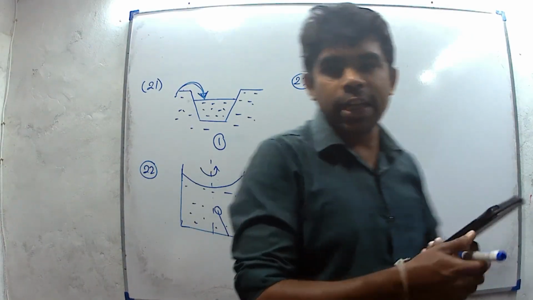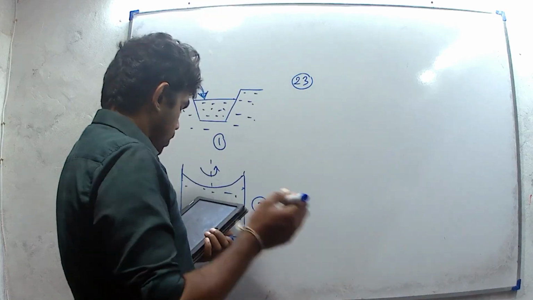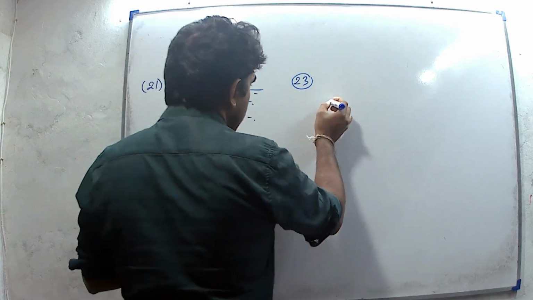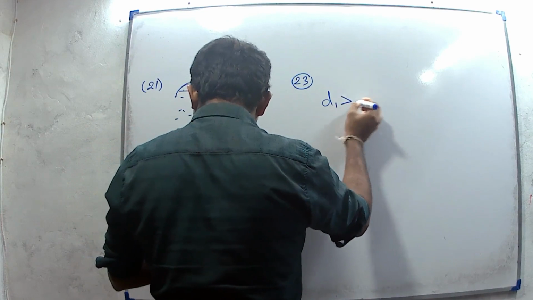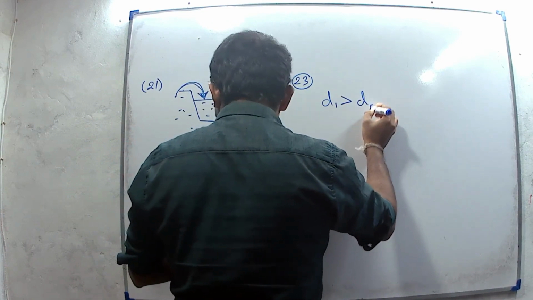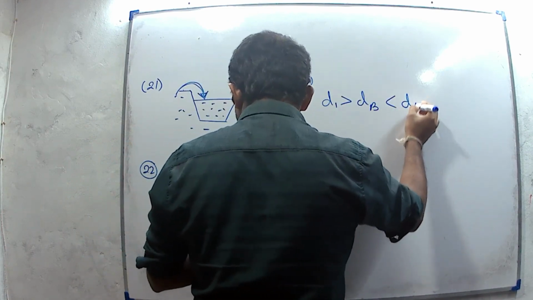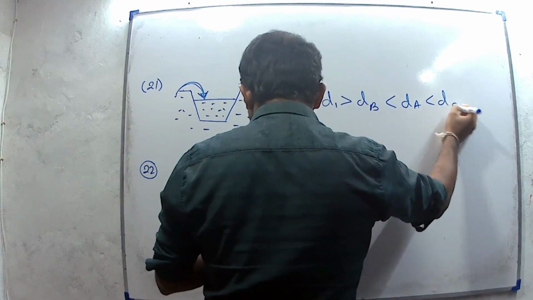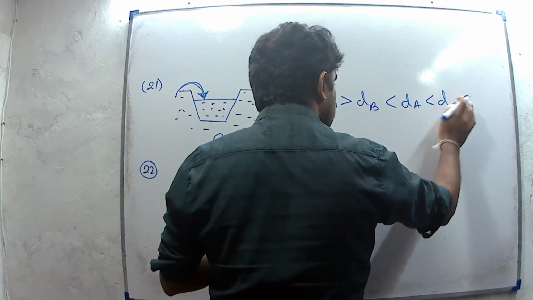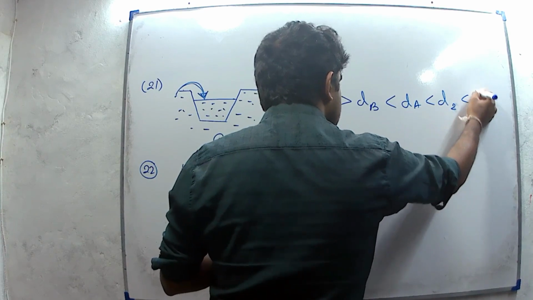Now I will consider density. They have given d1 is greater than dB, less than dA, less than d2, less than dC.